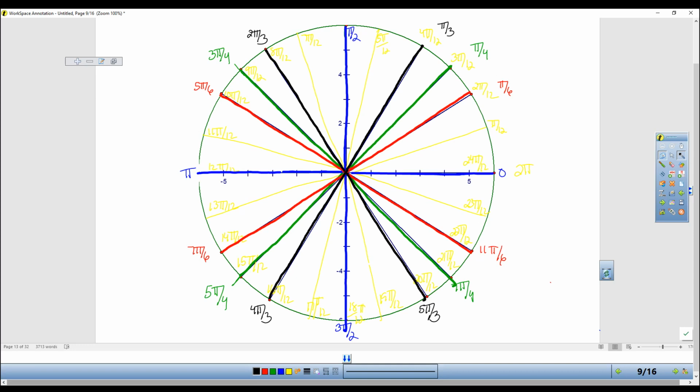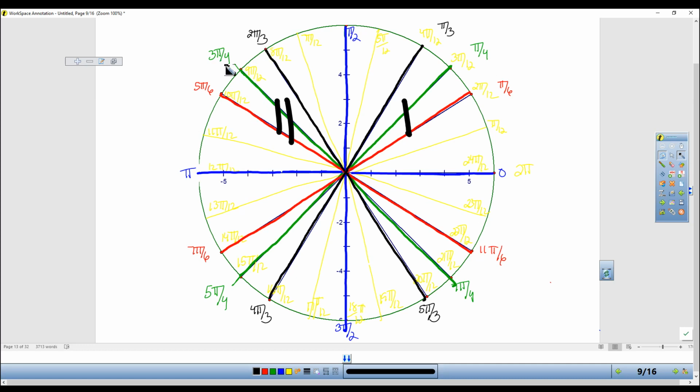Couple patterns to point out, just so you know how I remember them all. So this is quadrant 1. Maybe I'll write that super big. In quadrant 1, everything has a 1 in the numerator. So this is the 6th, the 4th, and the 3rd. In quadrant 2, ready for a cool pattern? The numerator is always one less than the denominator.